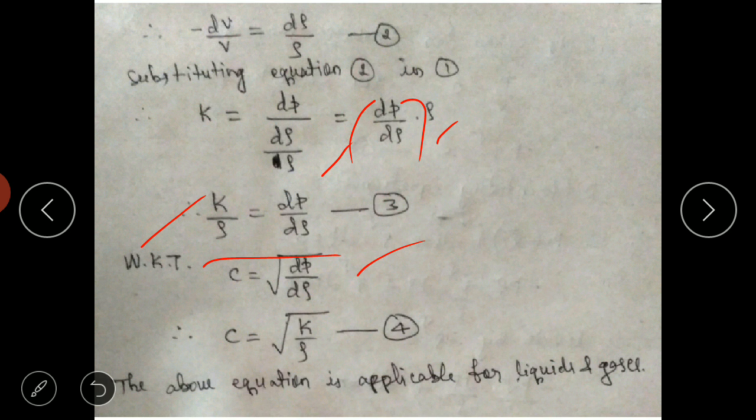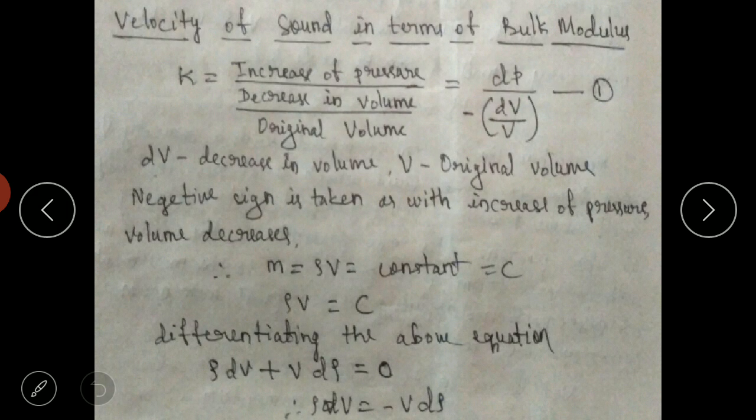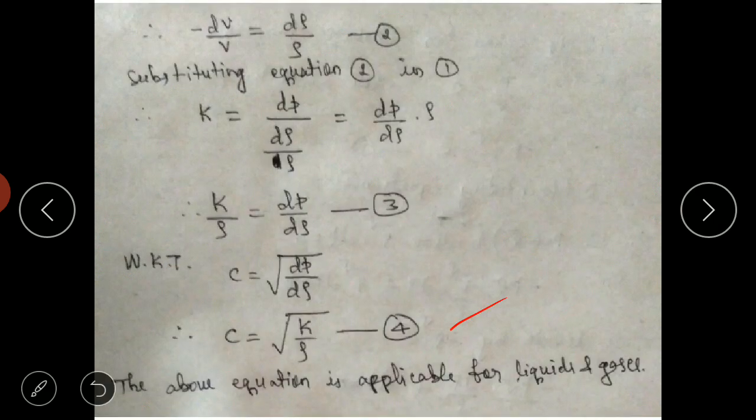So combining the two, C is equal to square root of K by rho. A simple derivation with simple mathematical steps. If you remember the definition of K, and use the concept of mass equal to rho into V, obtained from density equal to mass by volume, we get this expression.